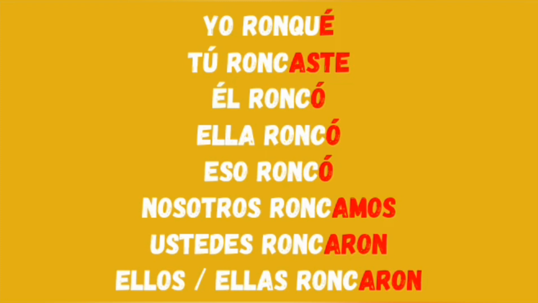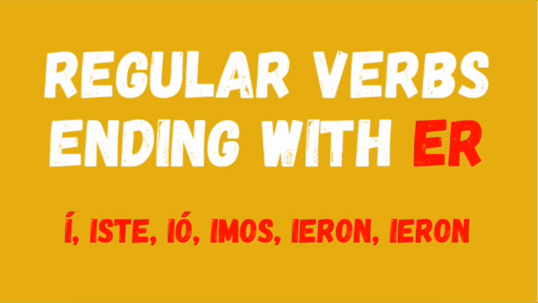All right, so that's all about irregular verbs ending with R. And now let's see some regular verbs ending with ER. The endings of these verbs, remember, we are going to put according to the personal pronouns we have, okay?